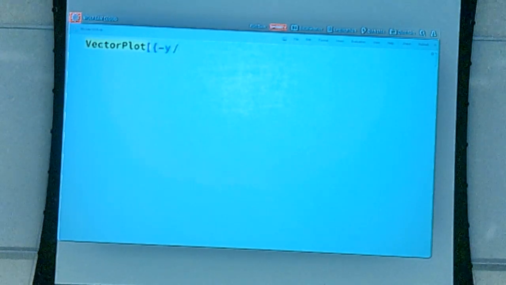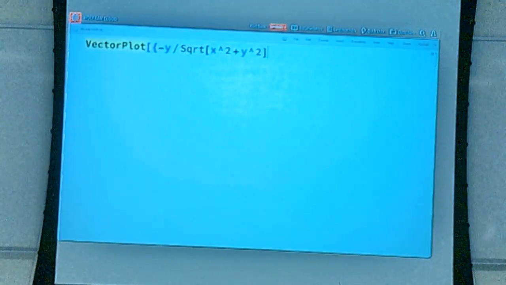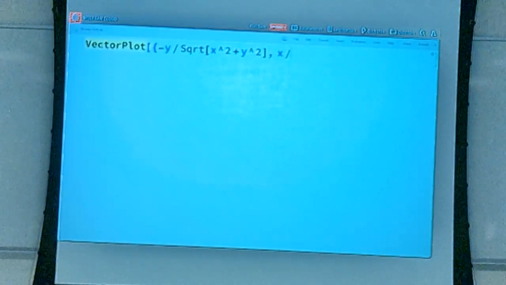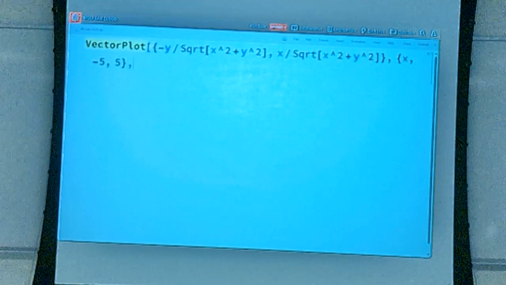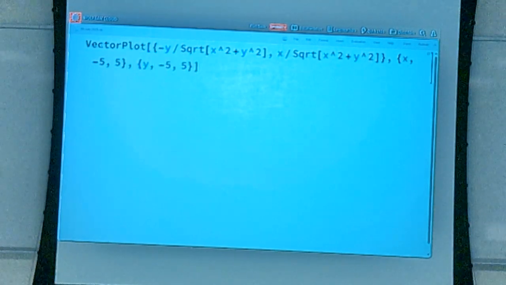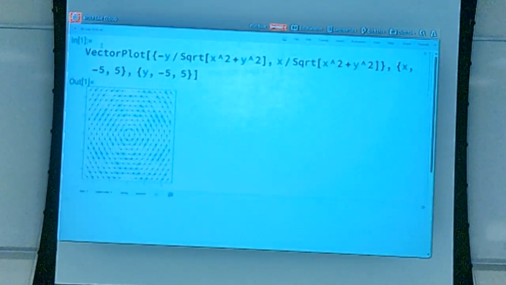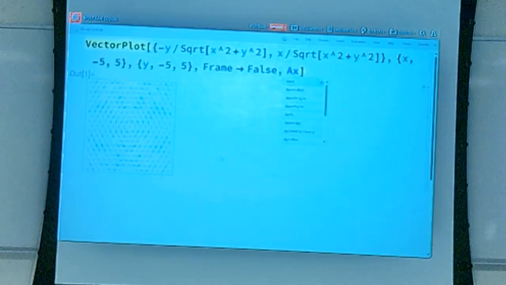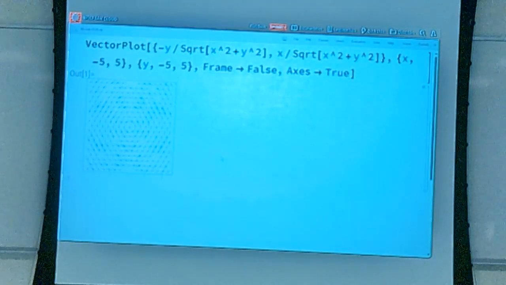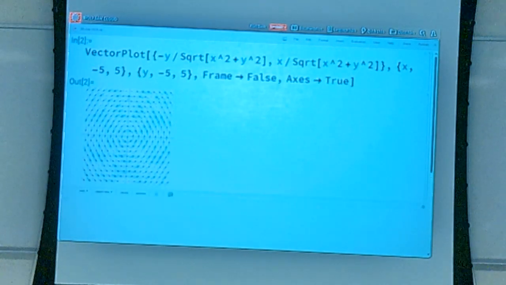We need the x component, and then the y component, and the domain for x and y. I'm pretty sure that's all you need. But I don't like that. Let's turn the frame off and the axes on. All right, so there's that.